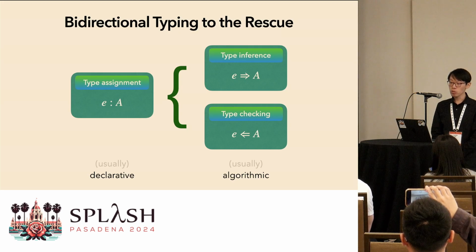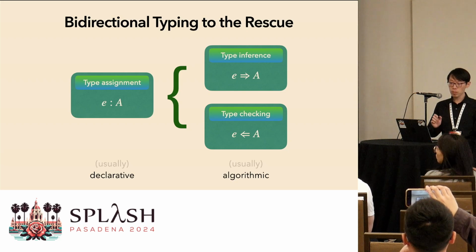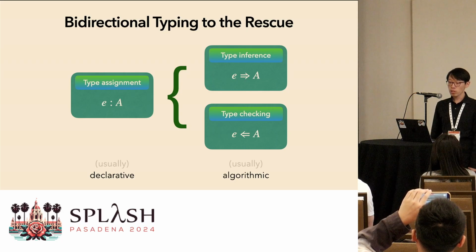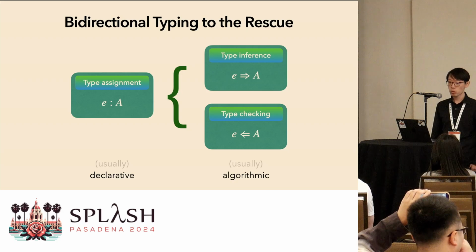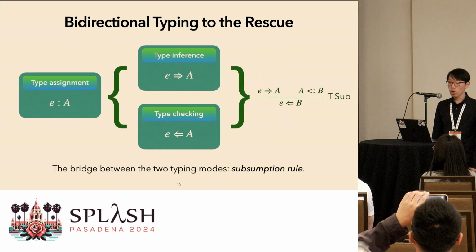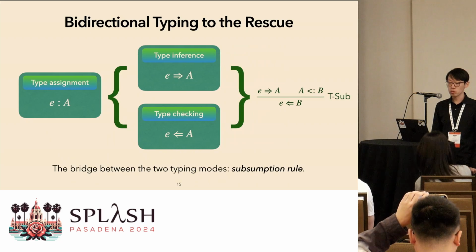It can actually be divided into two separate judgments, and this system becomes more algorithmic, because for type inference, it has the algorithmic meaning that the expression can be inferred to type A. And for type checking, you have two known things: one is the expression, one is the type, and you check the expression against the type. Usually, we also have a subsumption rule to bridge the two typing modes.